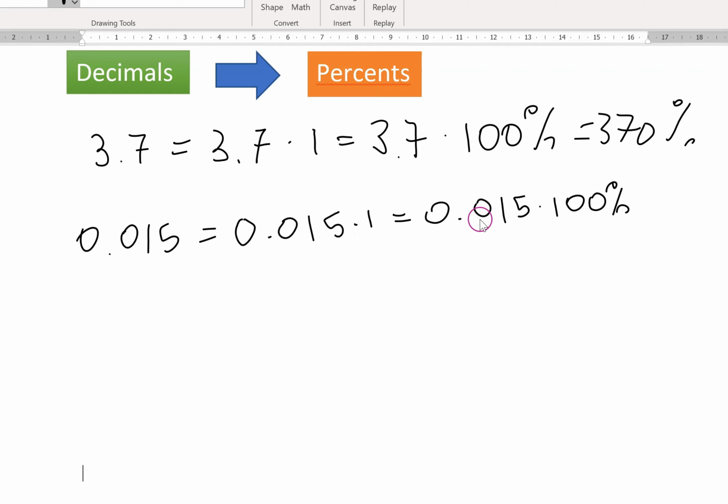When you multiply 0.015 times 100, ignoring the percent sign, you just need to copy it in the end, you're going to get 1.5, and then you copy the percent sign. Remember, when we multiply a decimal by 100 or a power of 10, you have to move the decimal dot to the right over that many digits, as many zeros as in here. So 2 zeros, 2 decimals, 0.015 becomes 1.5.